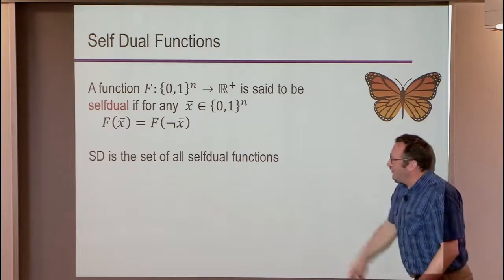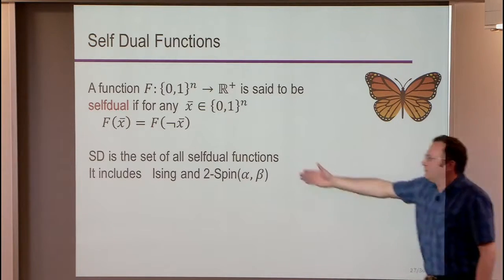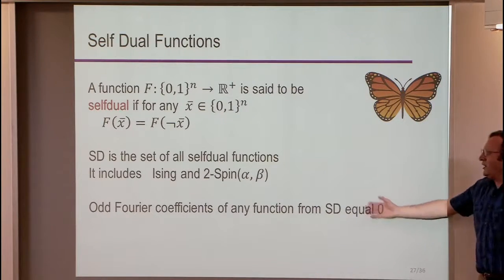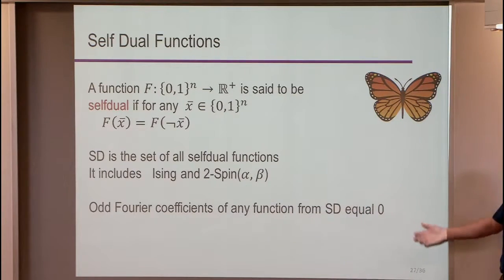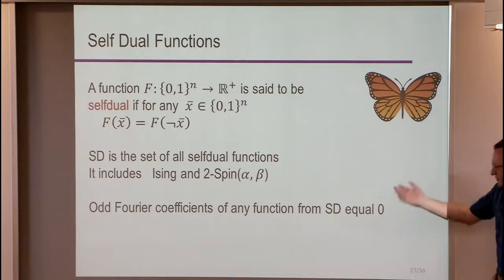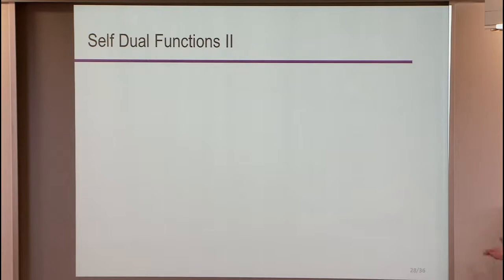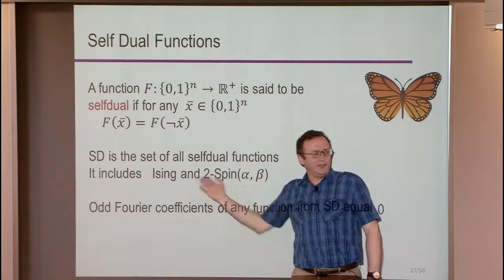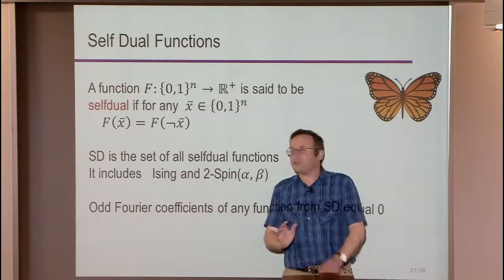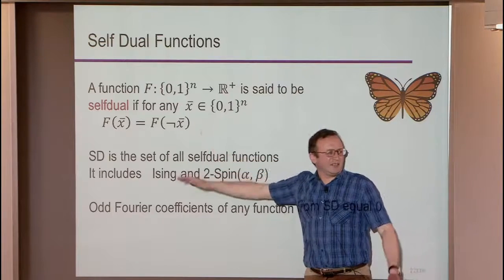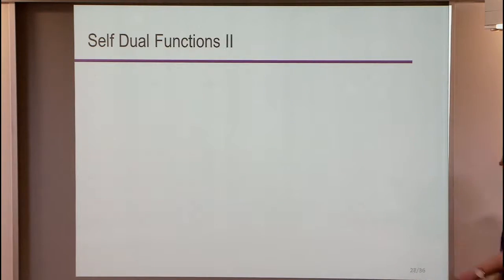SD is the set of self-dual functions, and it includes all Ising, called 2-spin alpha beta, and many other interesting things. It's somehow related to odd Fourier coefficients; odd Fourier coefficients of functions from SD equal 0. How can we use self-dual functions? Again, we don't know much about that. It's very difficult to get results even about these classes, and these are only a small part of SD. But nevertheless, of course, SD itself is hard, but maybe some fragments of it may be interesting.